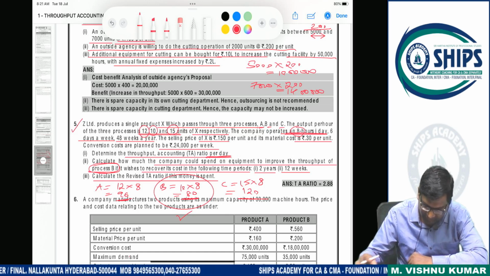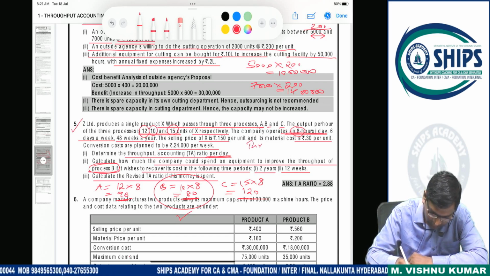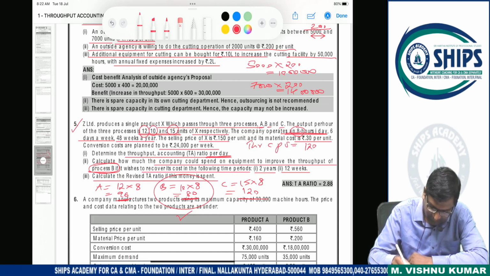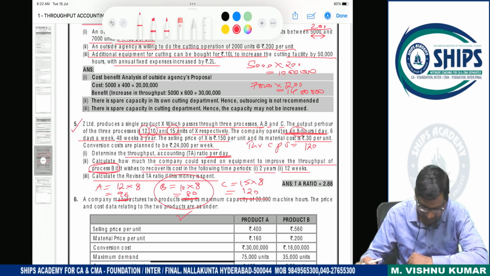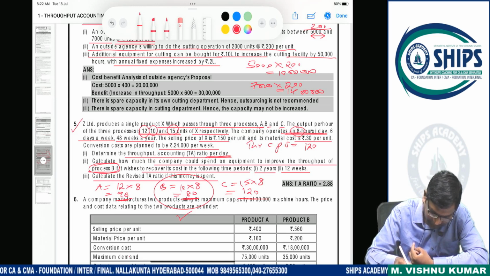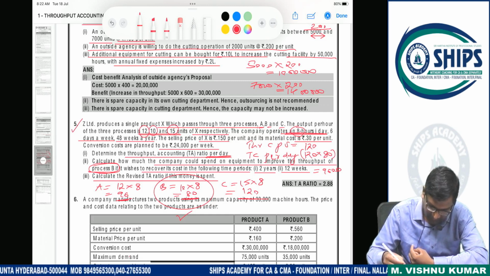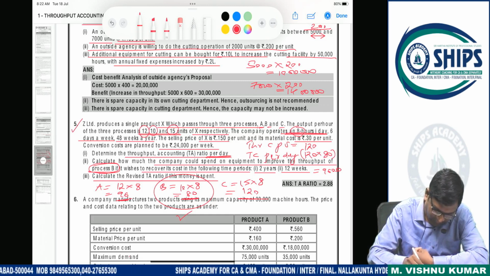Now what is throughput contribution? 150 minus 30, so 120 is your throughput contribution per unit. 120 into 80 units for the day, so 9600 is the throughput contribution per day.